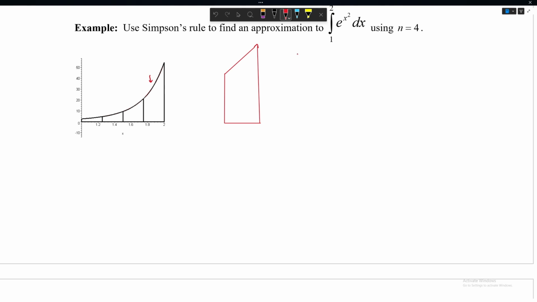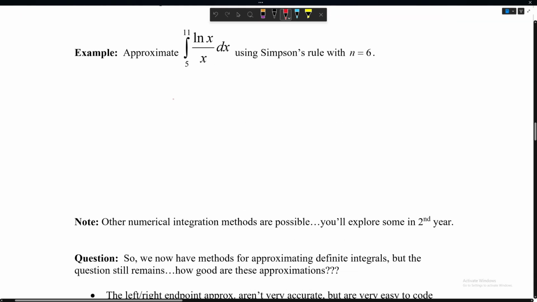Your Simpson is actually, if I can make straight lines again, something like this, but it's bent like that. And so this minimizes your error and you have a more accurate approximation. So your Simpson is more accurate, but it only works with even numbered n's.